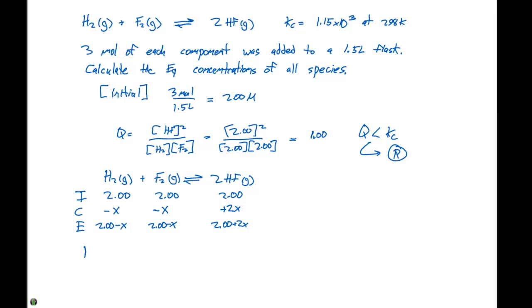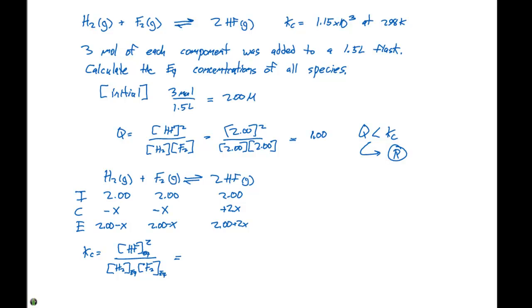So then we can set up our Kc expression, which is going to be the concentration of HF, that quantity squared, and this, remember, is an equilibrium concentration, the concentration of H2 at equilibrium times the concentration of F2 at equilibrium. And in the future, I'm probably not going to include the word equilibrium here because that's going to be implied by knowing that we have a K expression.